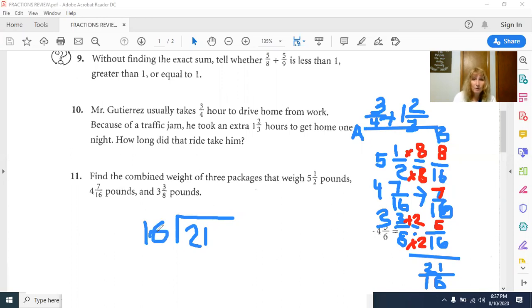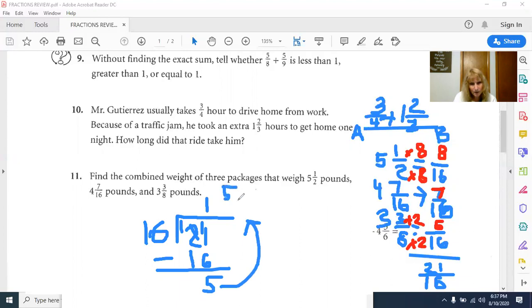Well, 16 times 1 is 16. 16 times 2 is 32. That's over, right? So just 1. So 1 times 16 is 16. 21 minus 16 is 5. So my 5 comes up and becomes my numerator. And 16 stays my denominator.